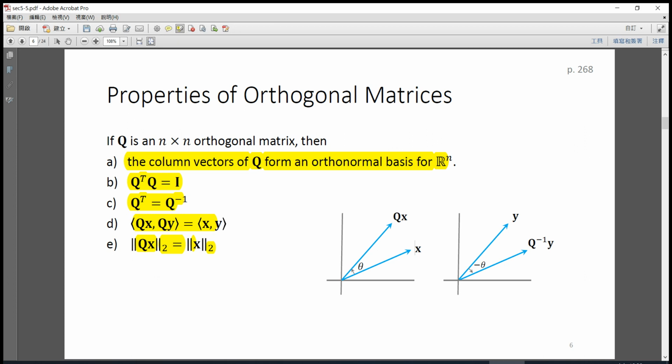If x is the input vector, then Qx rotates the input vector by an angle theta, and the length of Qx is equal to the length of x. On the other hand, Q inverse y rotates the vector y by an angle negative theta. And note that the length of Q inverse y is equal to the length of y.